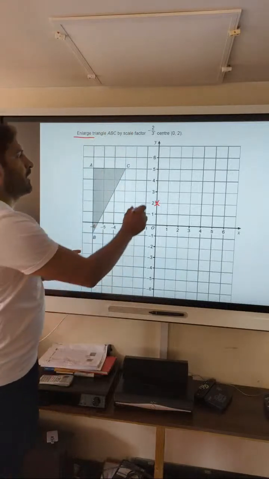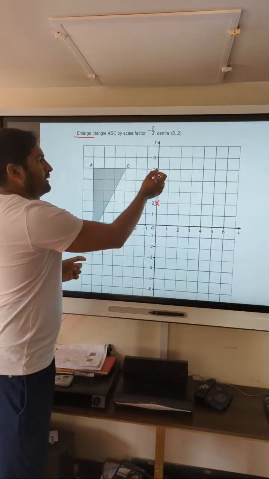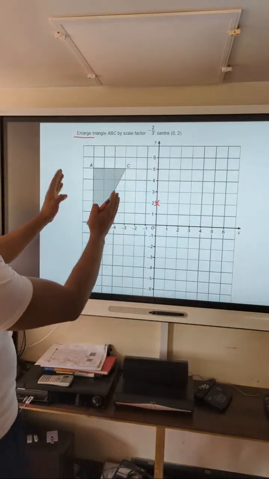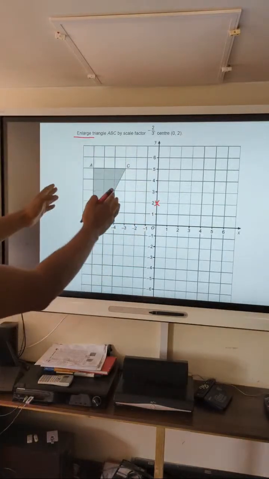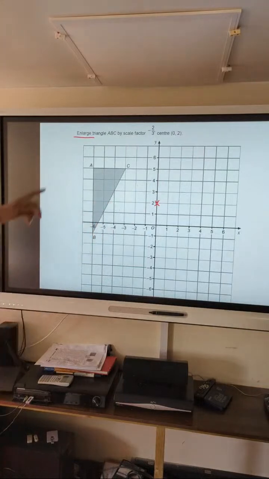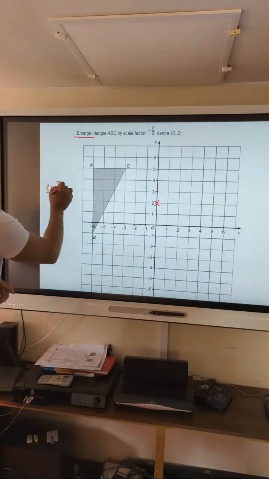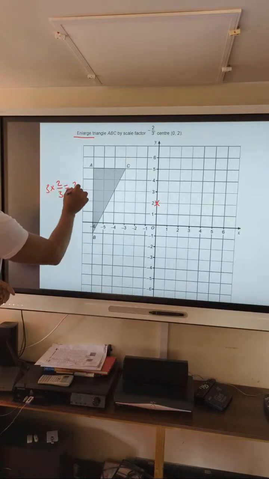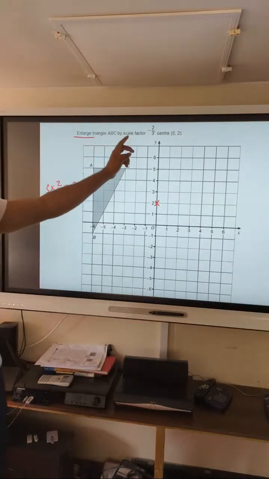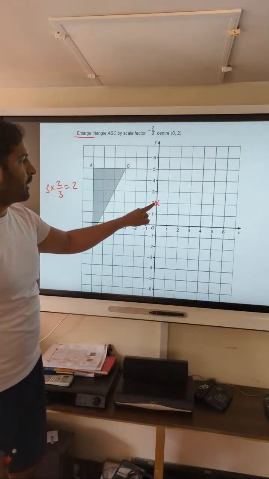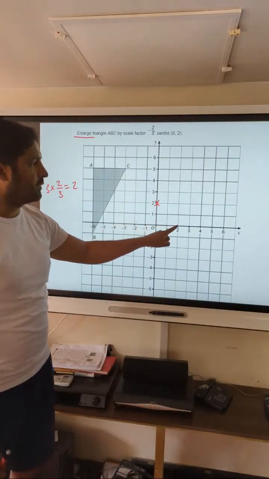So from that point, we're going 3 up and 3 left. So multiply 3 by 2/3, which is 2. But it's negative 2/3, so 2 in the opposite direction. So I'm going to go 2 down and 2 right.